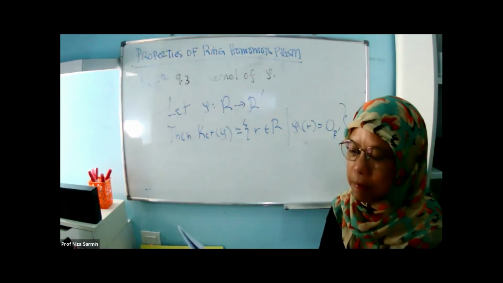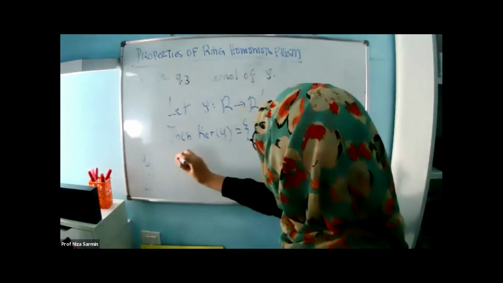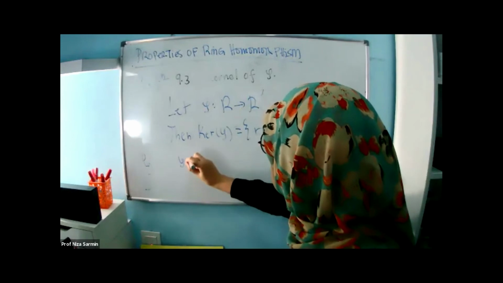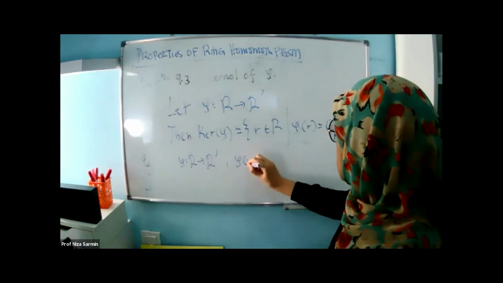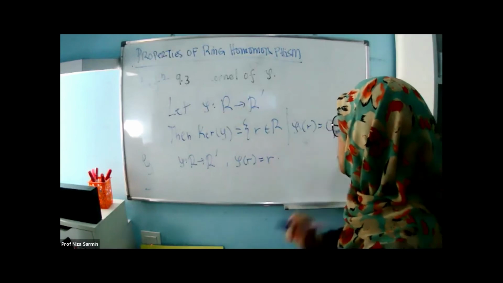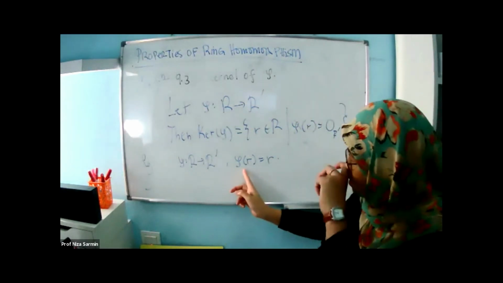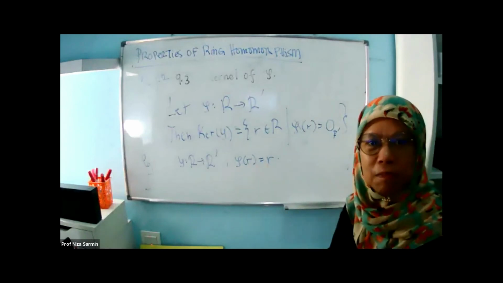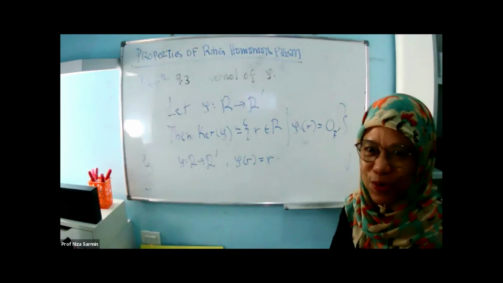Identity map. The first one is the identity map. Okay, the kernel, what is mapped to 0? Must be 0, right?